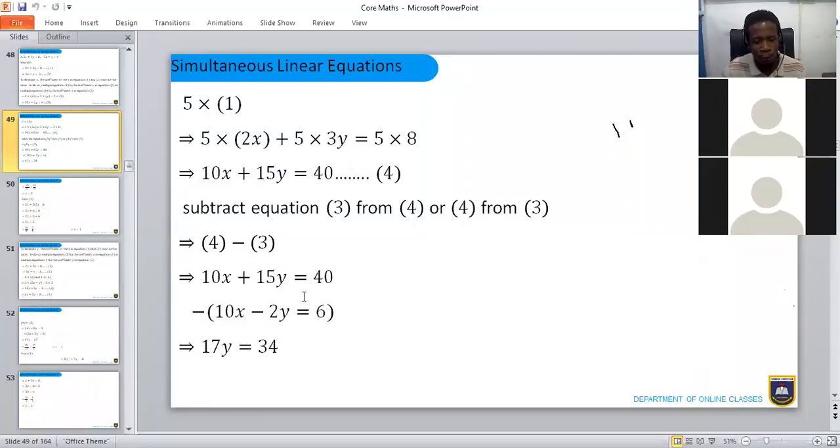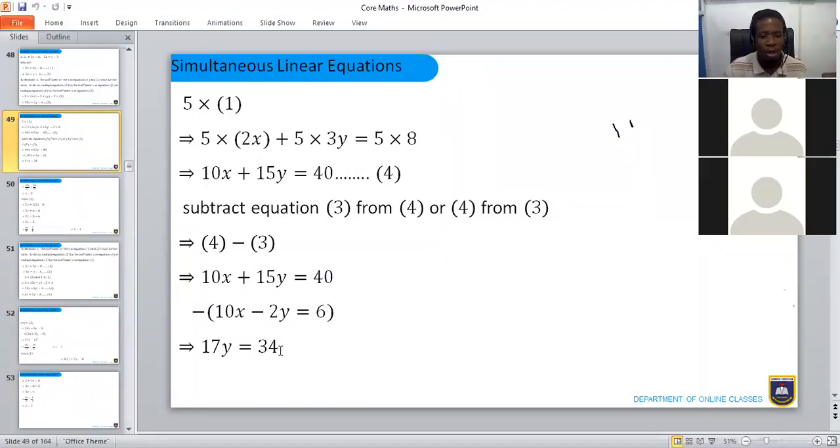So you subtract the corresponding like terms. 10x minus 10x is 0. 15y minus negative 2y becomes 15y plus 2y, since negative, negative becomes positive. So 15y plus 2y is 17y. Then equal to 40 minus 6, that will give us 34. Are you okay with that? Yes.